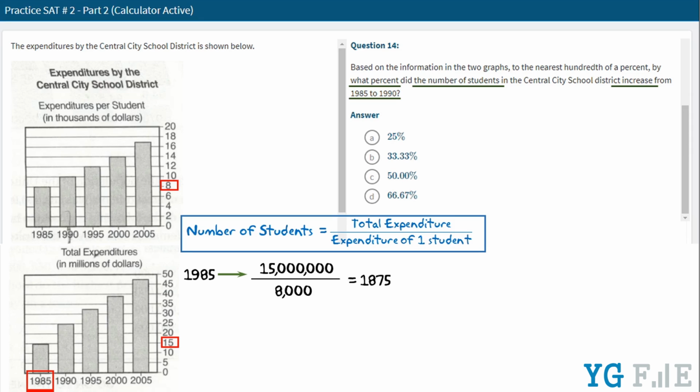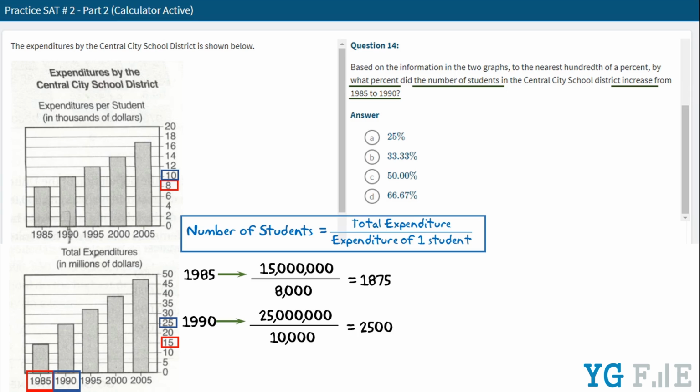Therefore, the number of students will be 1,875. In 1990, the total expenditures of the Central City School District is $25 million, and the expenditure of one student is $10,000. Dividing 25 million by 10,000, we get that the number of students in 1990 is 2,500.